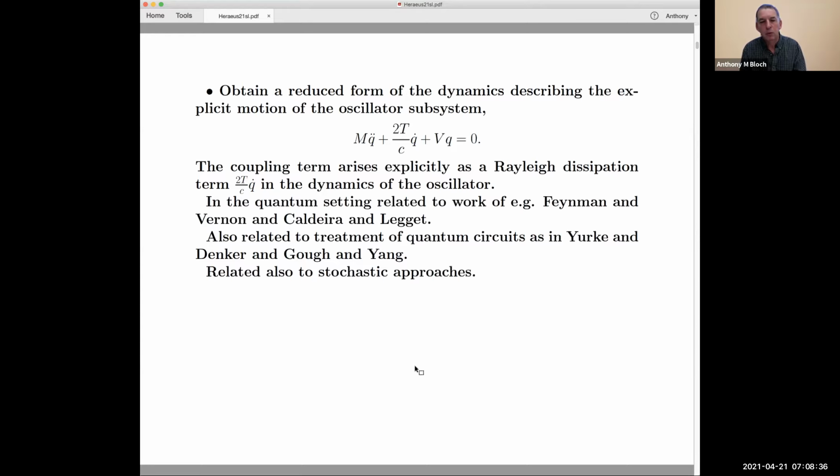Some interesting recent work was on quantum circuits by Jürgen Denker and Gao and Yang. It's also related to certain stochastic approaches. I'll just make a remark in a second about that. And of course, there's the famous Lindblad dissipation and many other things. So that was sort of some of the inspiration just for looking originally at some of these damped or control systems or systems connected to a bath.